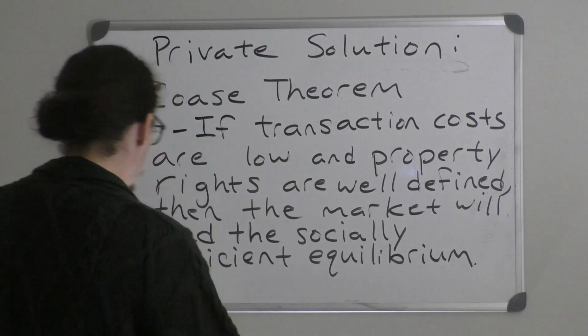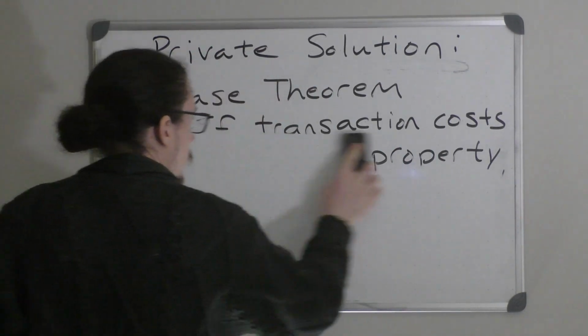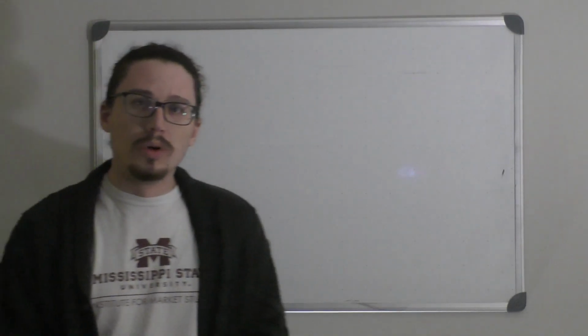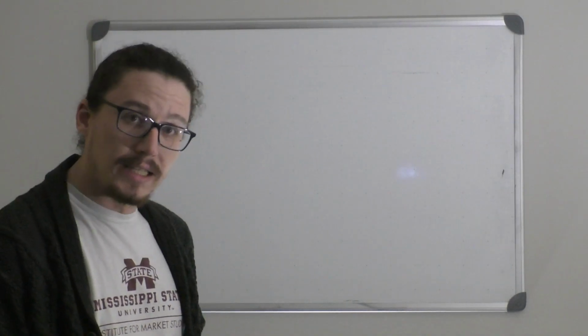So let's first look at this just in an illustration. Let's just illustrate it, and then we'll talk a little bit more about some of the other aspects of it.